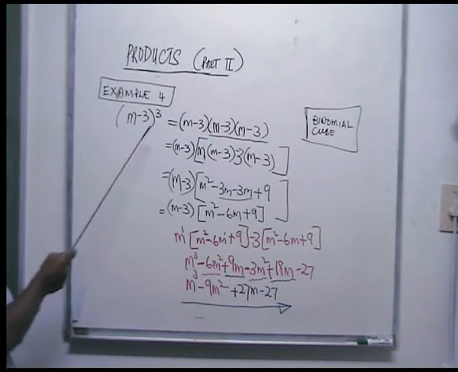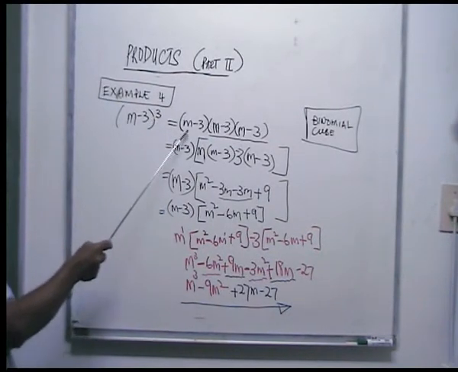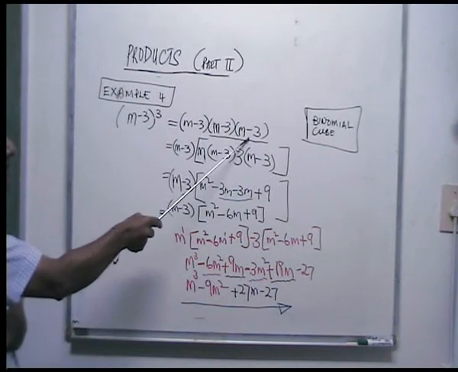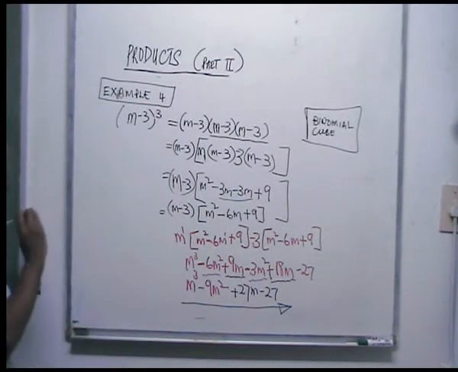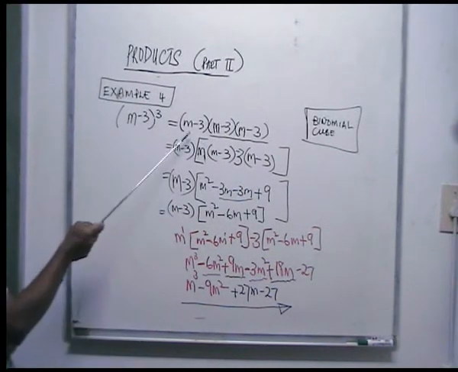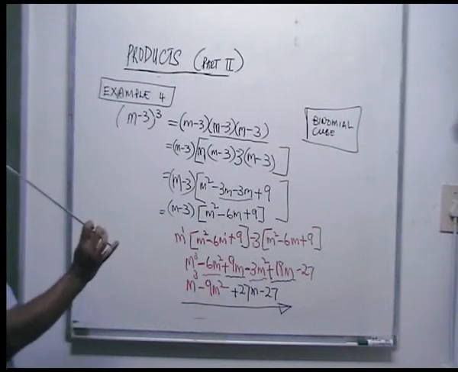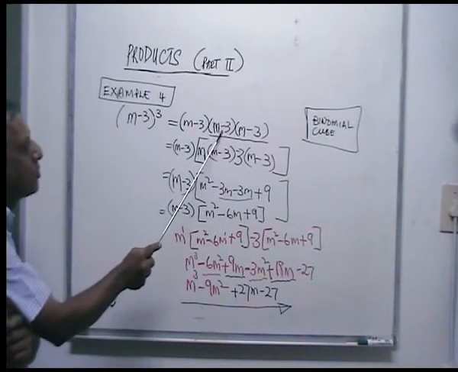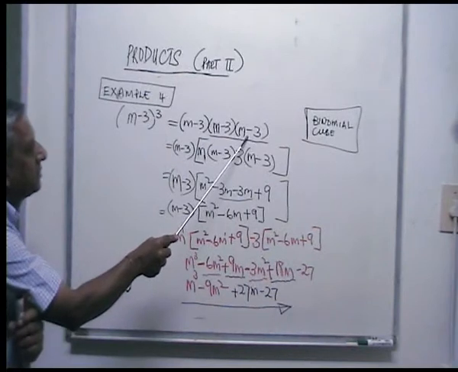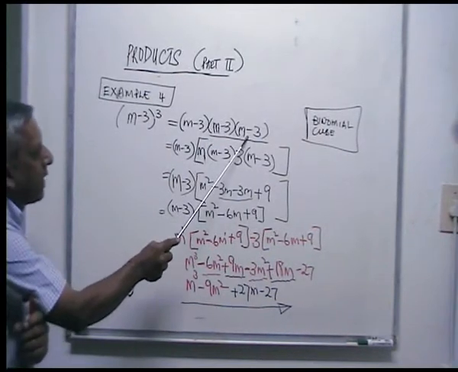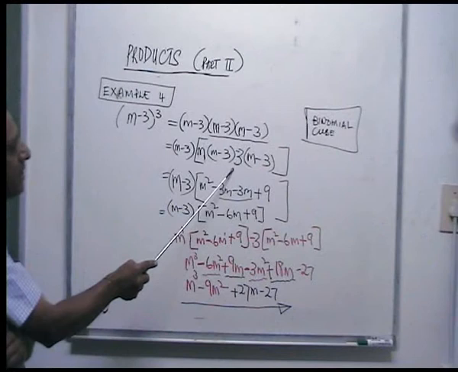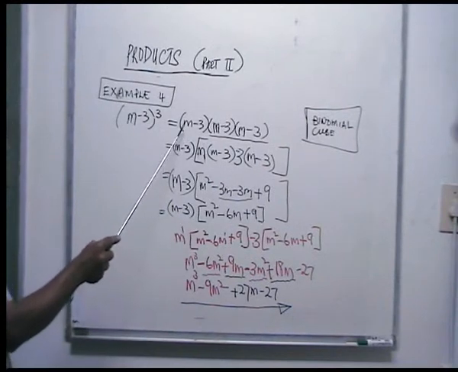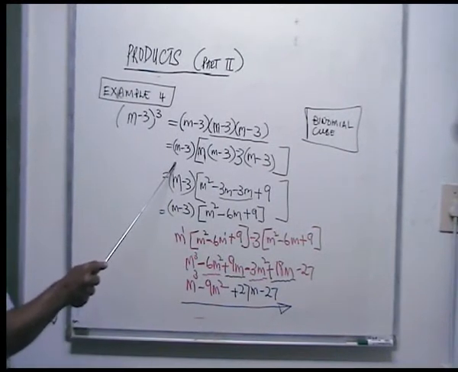If I got this bracket, because it's 3, I'll write the bracket down 3 times. Then when I see that question, I think in my head that look, I know how to multiply 2 brackets. So I'm going to multiply these 2 brackets and I'm going to write the answer down here. This bracket, I'll just bring it down.